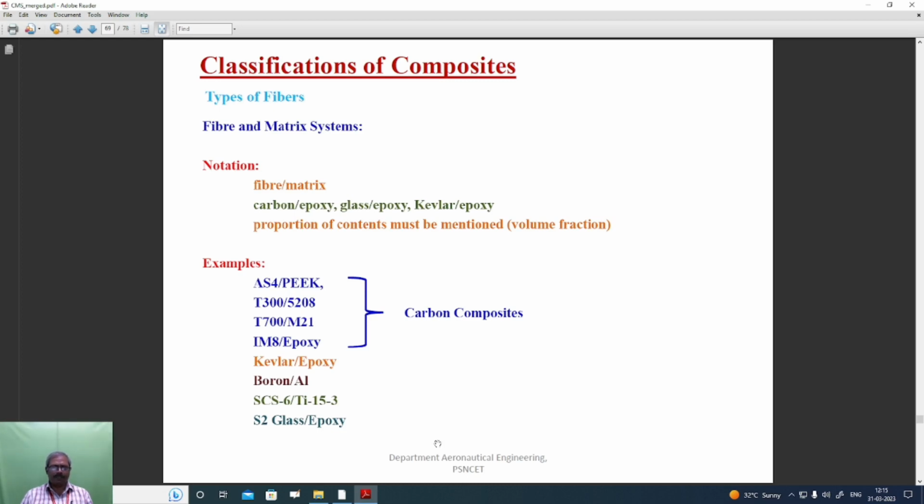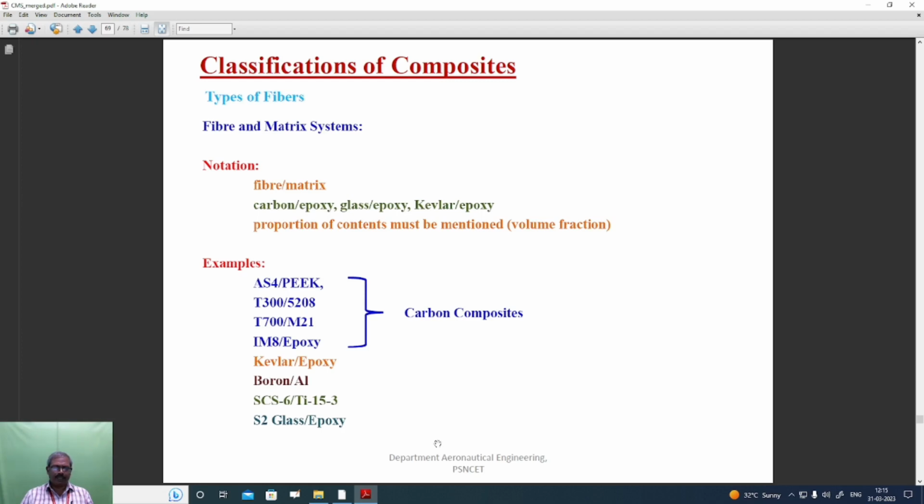For example, AS4 bar PEEK. So AS4 is a carbon composite material: AS4 is the fiber, PEEK is the matrix. T300 bar 5208. T700 bar M21, IM8 bar epoxy.